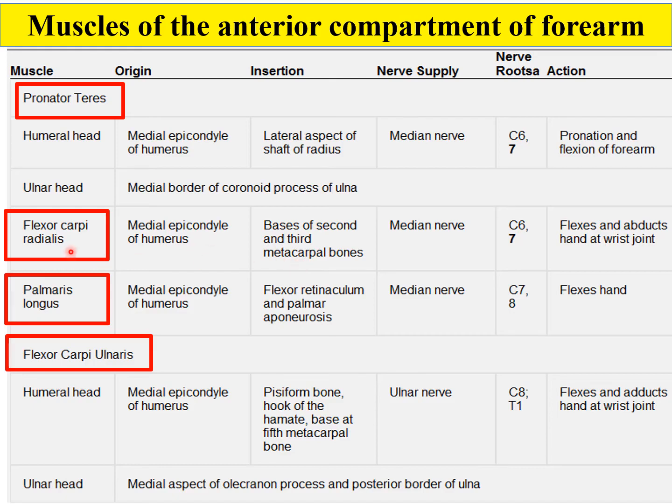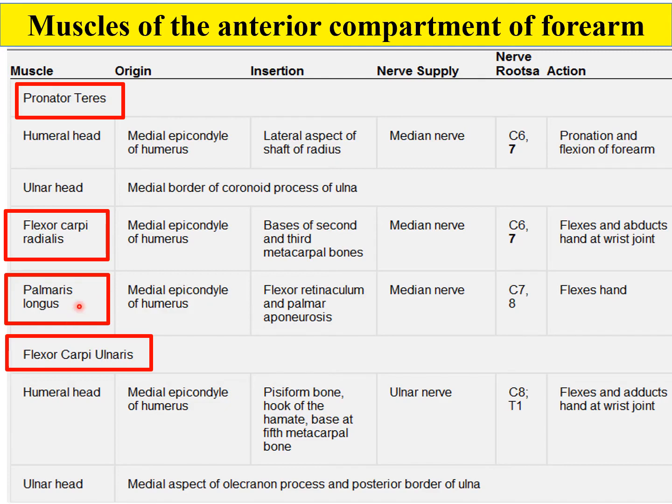That's why it is known as carpi radialis. The nerve is the same, median nerve, and it flexes and abducts the hand at the wrist because it is attached to the lateral side. So when it contracts, radial deviation will take place.